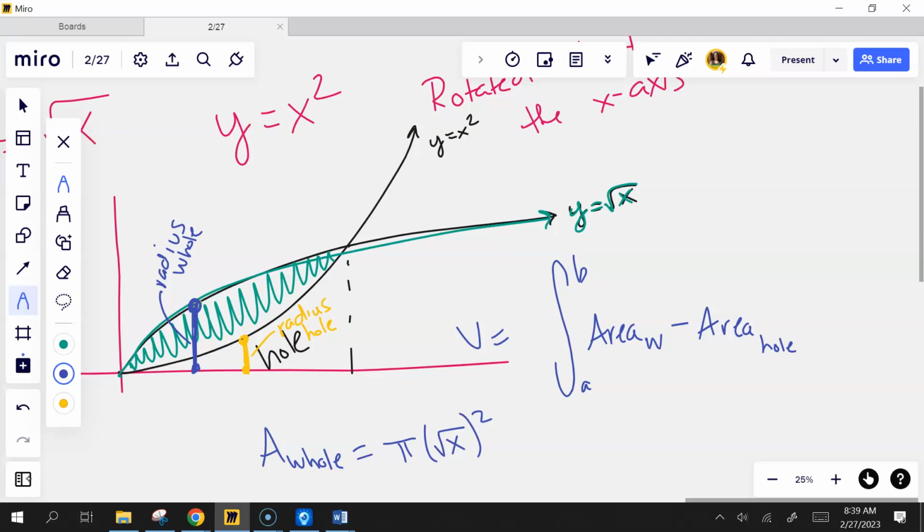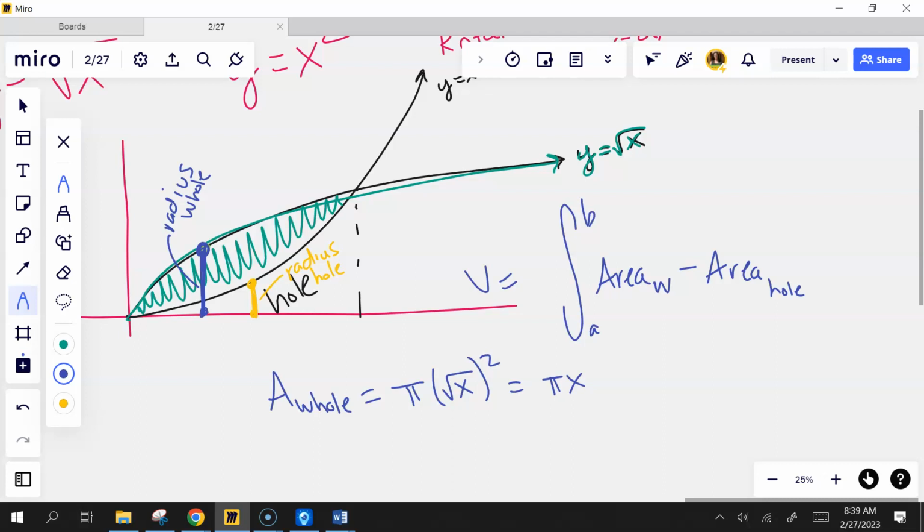Right? Which is just pi x. What's the area of the hole? So pi times x squared, squared, pi r squared, right? So I get pi x to the 4th.